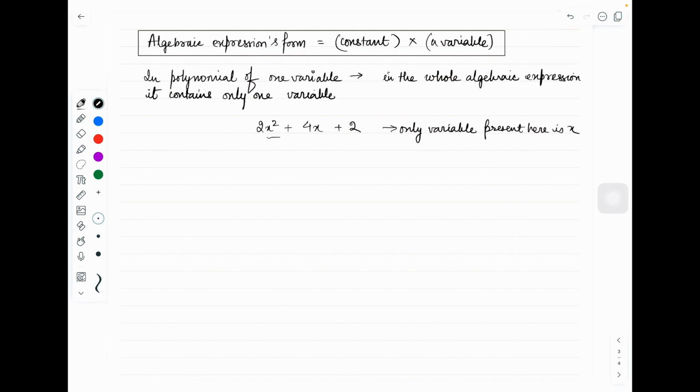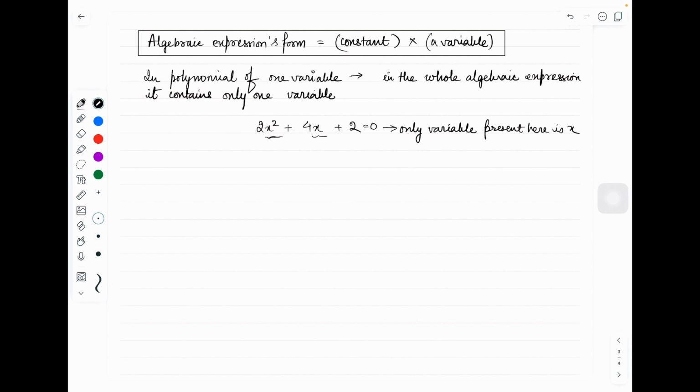The value of x in this whole equation will remain the same. It may be x square, meaning you are multiplying x 2 times, 3 times, that doesn't matter, but the value of x will remain the same in this equation. So only one variable, only x, is present here.